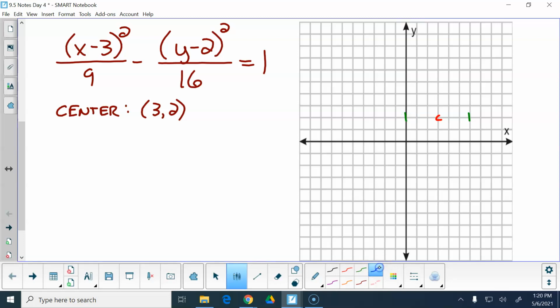Up and down 4. Draw the box. Draw in your asymptotes.